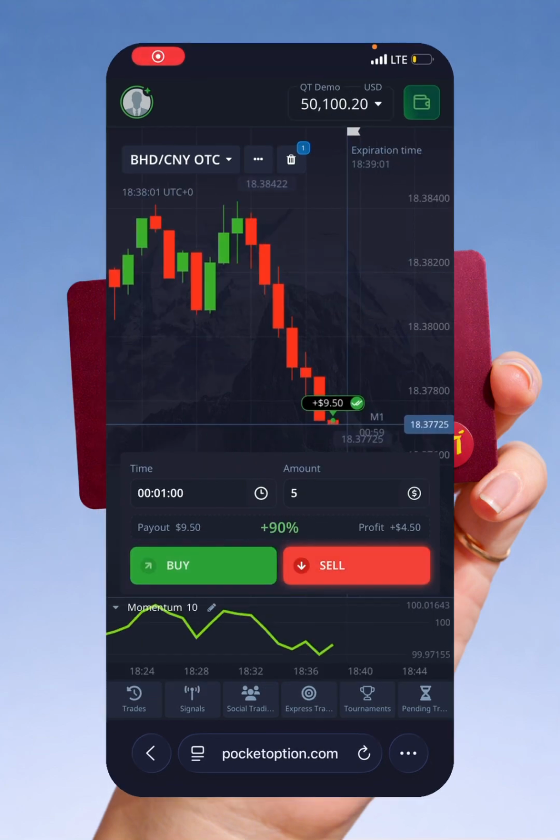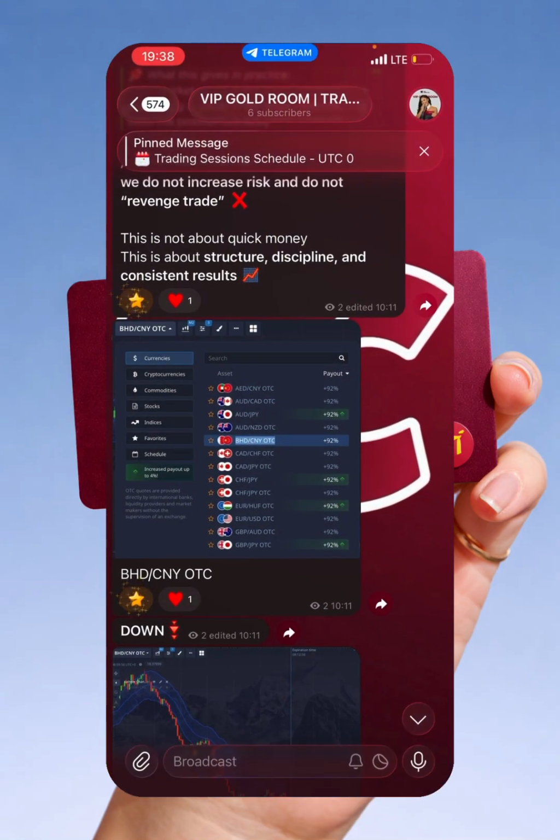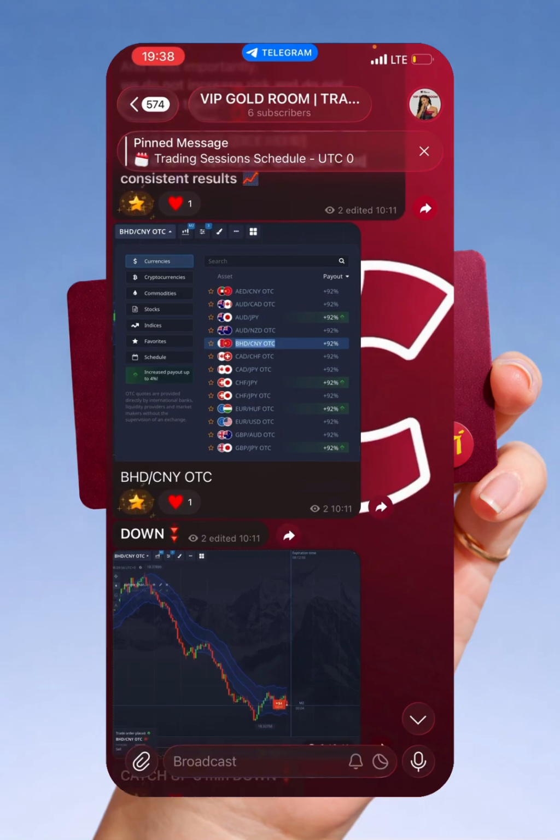If in the group I tell you to take a downtrend, you have to take it immediately, not more than a second. Take it right away after me. And once you take the trade, you wait. If it's a lose, you double up your amount and you wait for me.